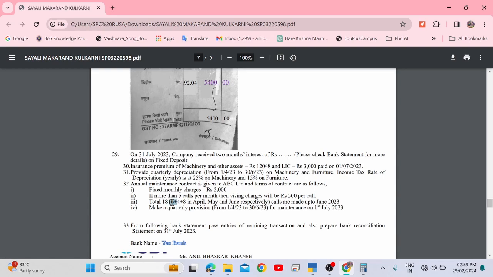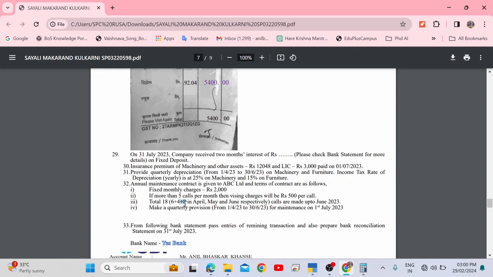But in April, 5 are allowed but you called them 6 times, therefore 1 will be chargeable. Remaining 5 calls are not chargeable. Only 1 chargeable in April. In May, nothing is chargeable, and in June, 8 minus 5, that means 3 calls are chargeable.